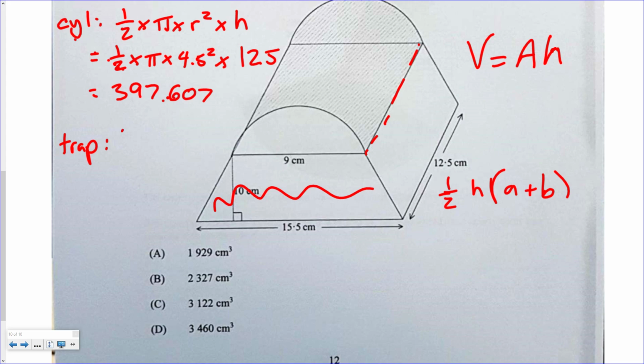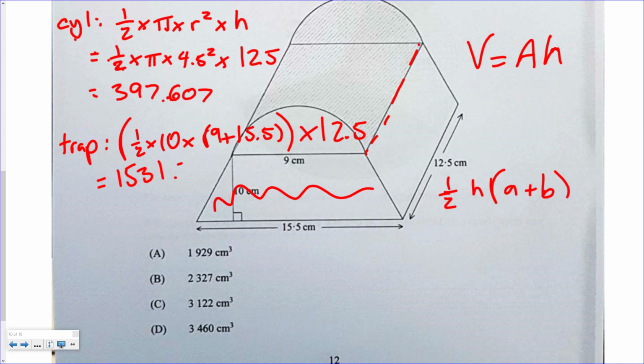In this case, it'll be half times 10 times, in brackets, 9 plus 15.5. That finds the area of that front face, but again, we need to times that by 12.5 as well. Once you put that into your calculator, you get about 1,531.25.